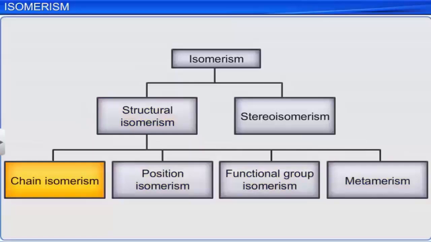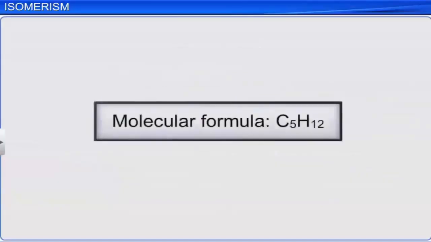Compounds that have the same molecular formula but different carbon chain, that is, straight or branched chain, are known as chain isomers, and the phenomenon is known as chain isomerism. For example, the following three chain isomers are possible with molecular formula C5H12.